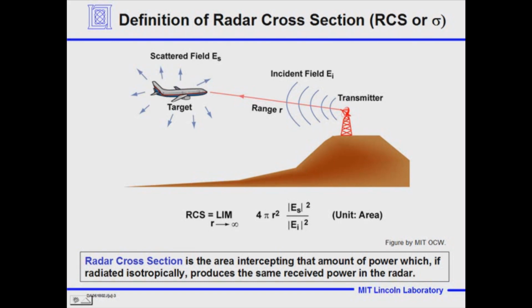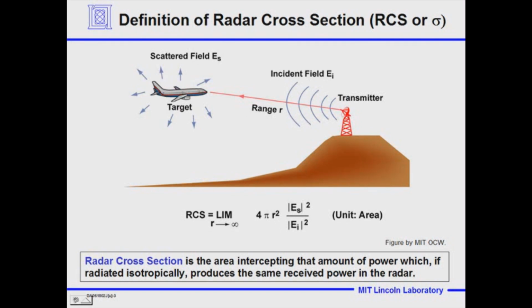So it's a definition. Now we want to have this definition not depend on range. And it doesn't, because we have a factor r to the fourth, which takes into account that the target will be geometrically bigger the closer it is to you.